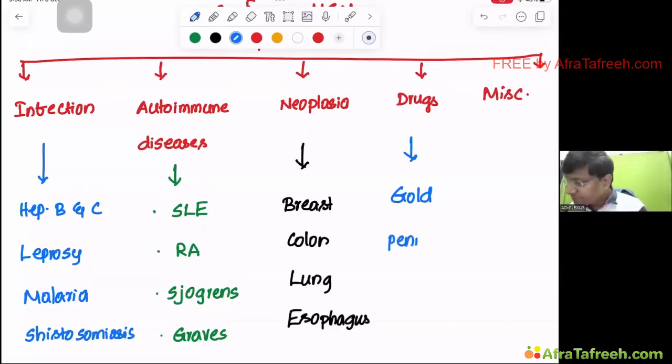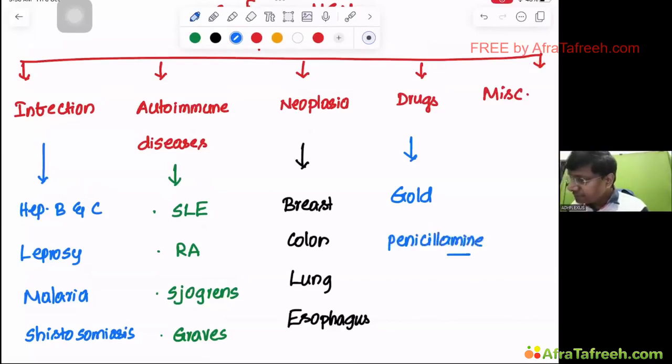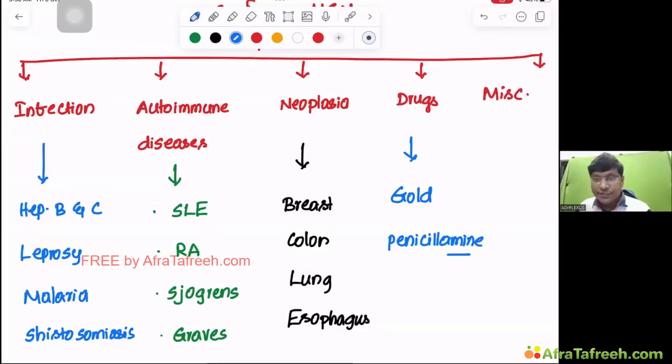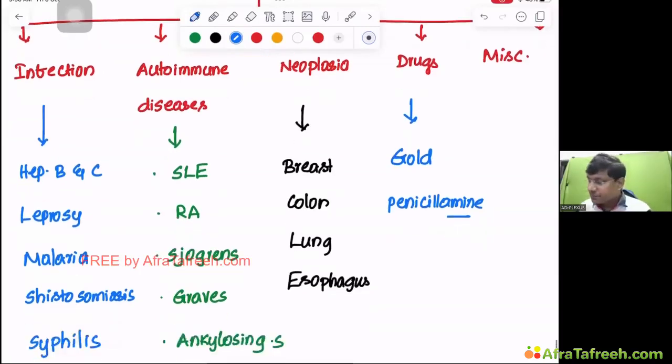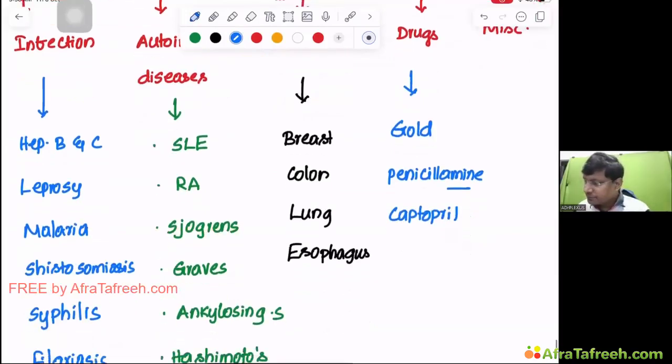Okay. Next, penicillamine. Can anyone tell me where we use this penicillamine? Yes, we use that in case of Wilson's. Then captopril, which is an ACE inhibitor. Then NSAIDs, non-steroidal anti-inflammatory drugs.